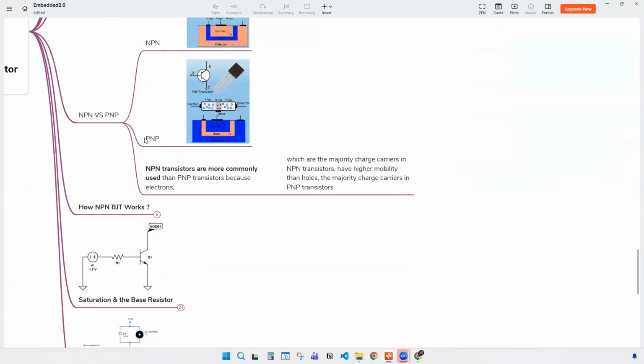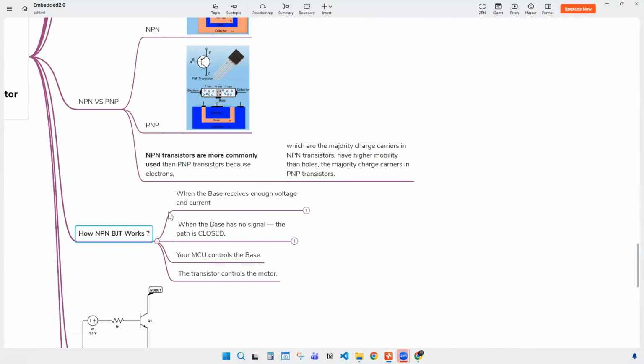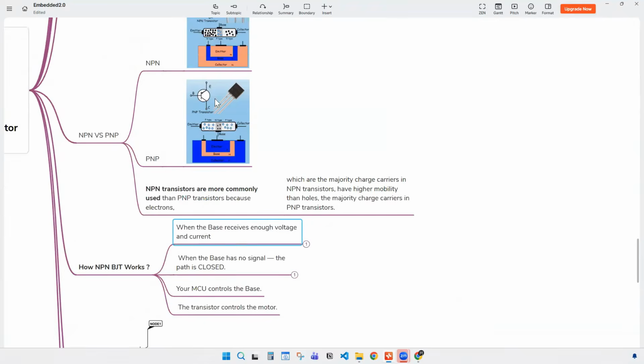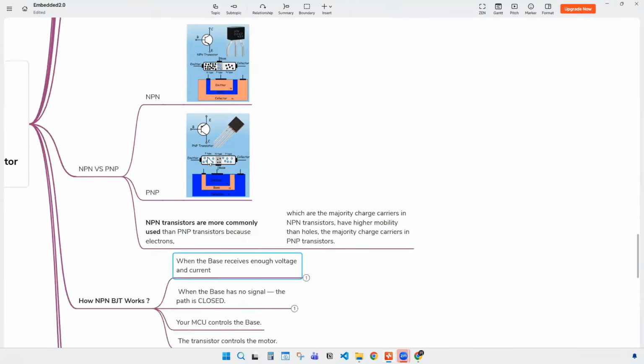So out of NPN and PNP, we have found that NPN transistors are the more used transistors than PNP. Now let us see how it works. Very simple. First of all, the base pin is the control pin, as you already know.